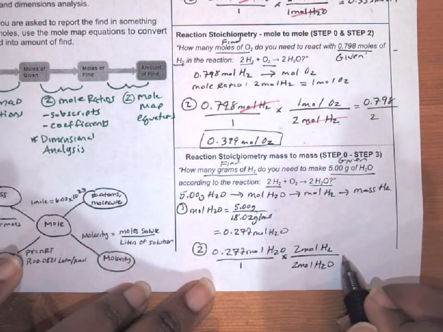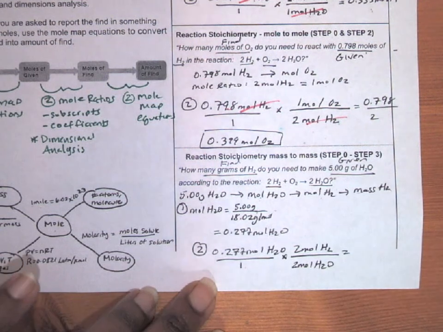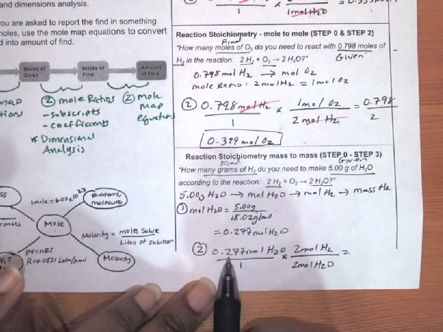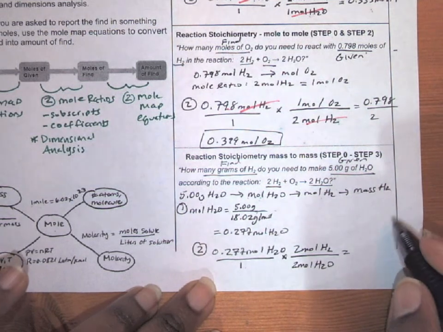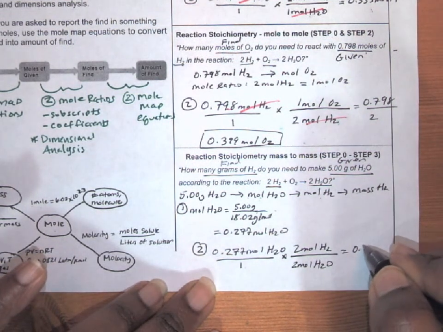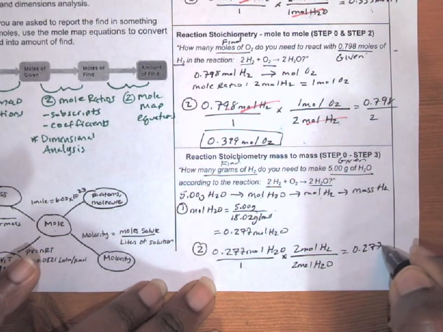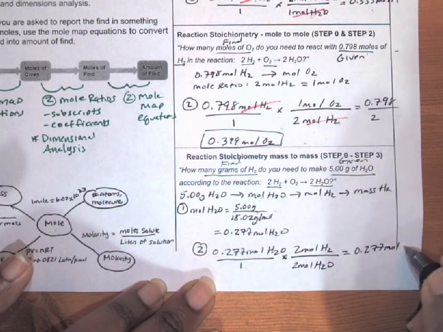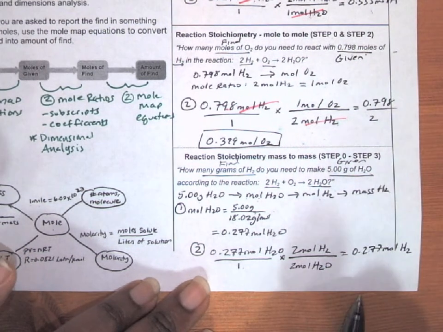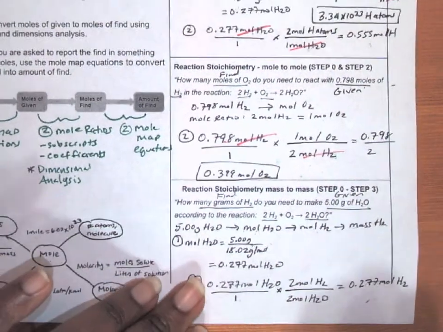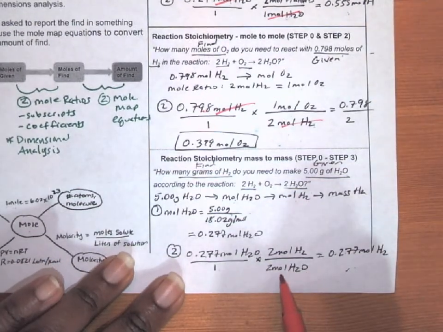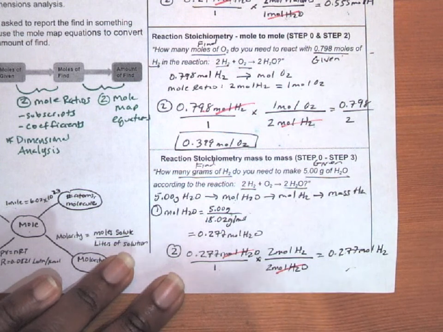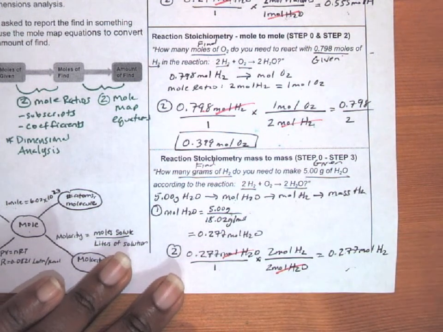And I go ahead and do the math here, multiplying 0.277 by 2 and dividing that by 2, so you'll see that the math here will give you the same. So I have 0.277 moles of H2. And I just want to quickly cancel out those units so we can see that that's how dimensional analysis works. All right, so that's all done.